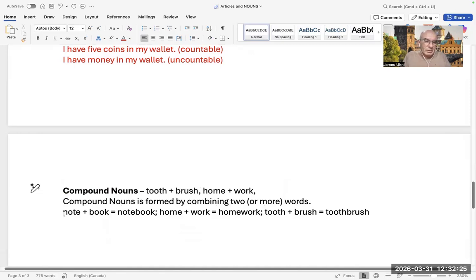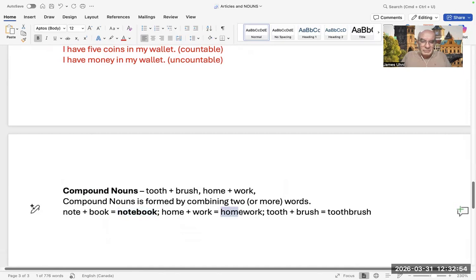Compound nouns are formed by combining 2 or more words, usually nouns. Here are examples: note plus book, notebook; home plus work, homework; tooth plus brush, toothbrush. It's usually, like I said, 2 nouns, but it can be a combination of 2 different words when it comes to grammar.